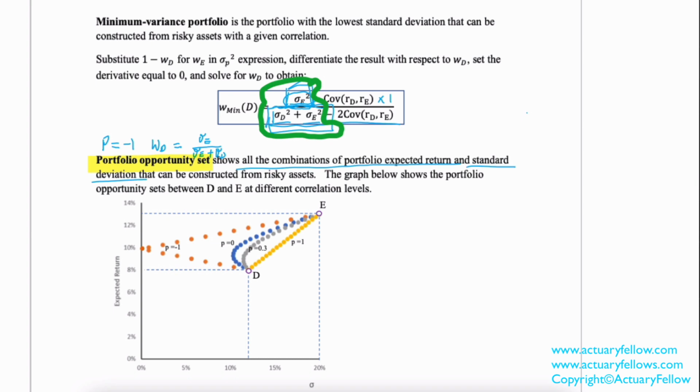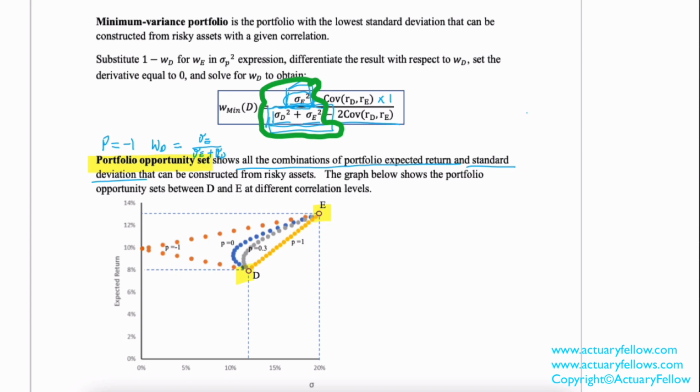In the graph, we have the opportunity set between debt and equity fund at various correlation levels. To construct this graph, first identify the debt fund and equity fund on the graph. Second, graph the line for perfect positive correlation, with correlation equal to 1. It is just a linear line between the 2 points.